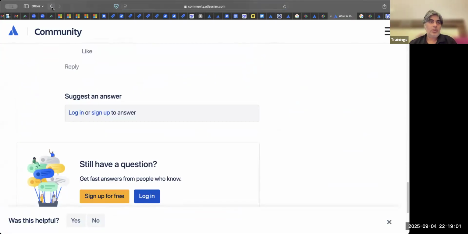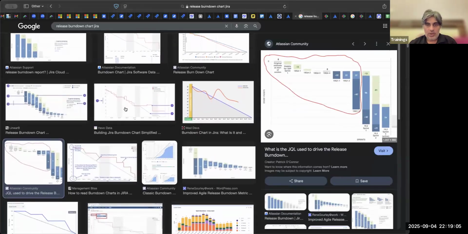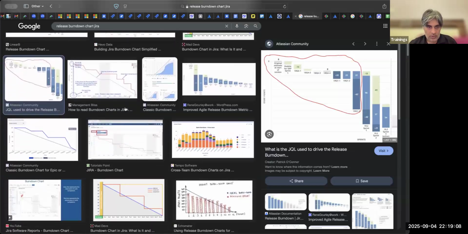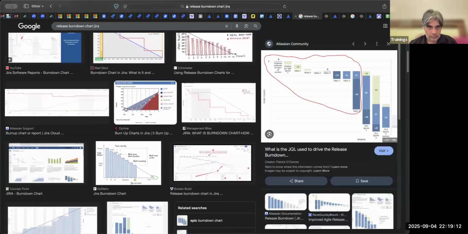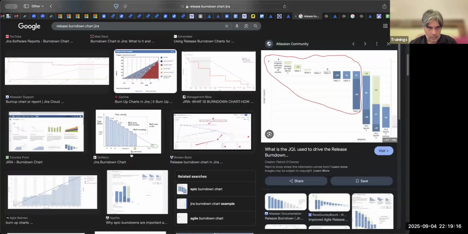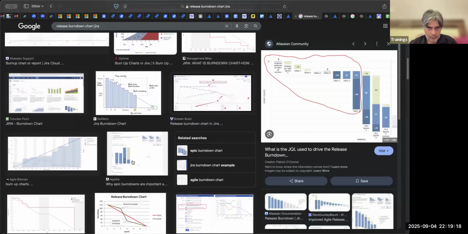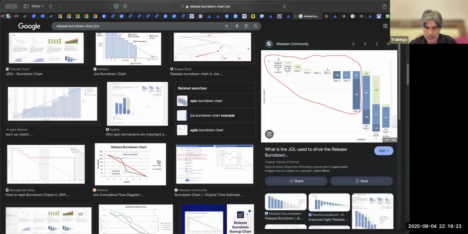Then let me show you another one. Actually, this is a burn down chart. Where is the release one? This is another epic.